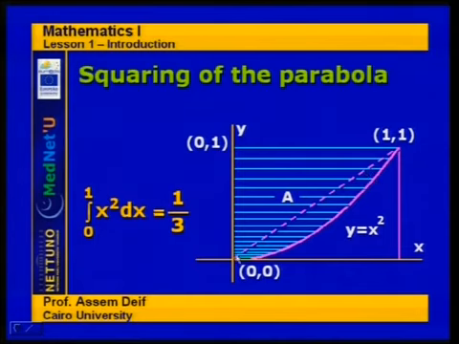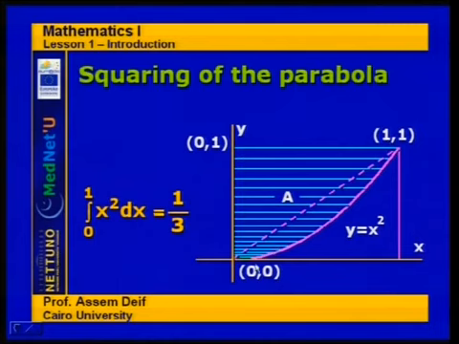This is a parabola again, a parabola open from above, and he wishes to calculate the area below this parabola, this area here. So what he did is that he considered first the area above the parabola.